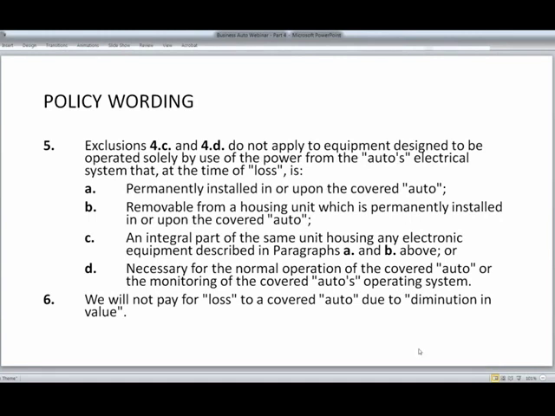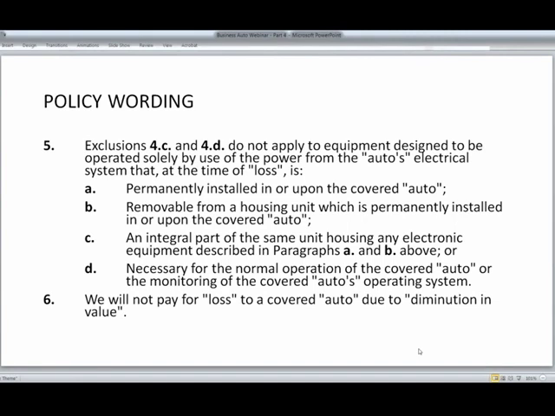Those exclusions, though, do not apply to equipment designed to be operated solely by use of power from the auto electrical system, and at the time of loss is permanently installed in or upon the covered auto, removed from a housing unit which is permanently installed in the covered auto, or any integral part of such unit housing electric equipment necessary for the normal operation of the covered auto or the monitoring of the covered auto's operating system. So that is the give back for that, and in a minute we'll find the policy carries $1,000 for these types of equipment.